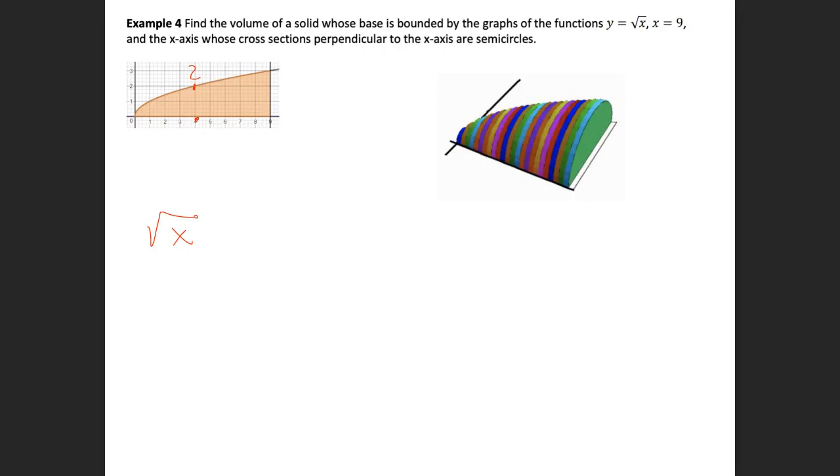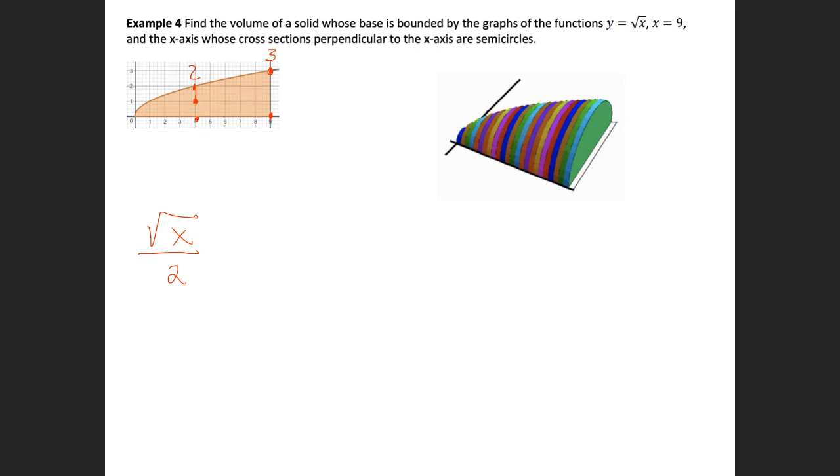If you plug 9 in, what's this value up here? 3. So isn't the radius just the square root of x divided by 2?